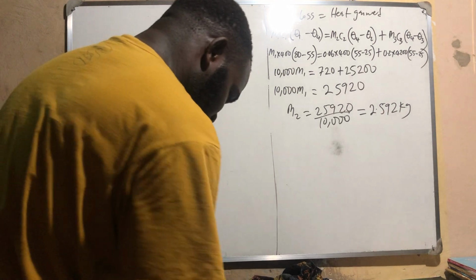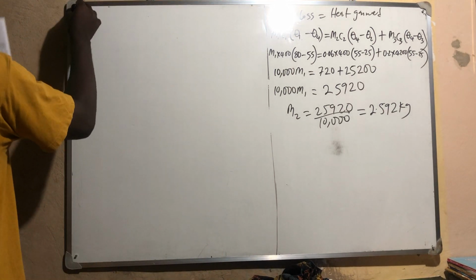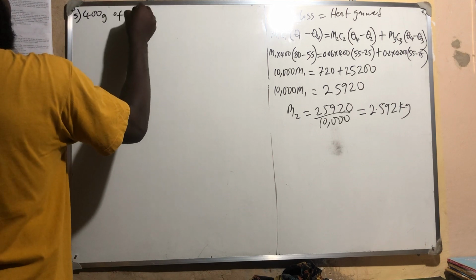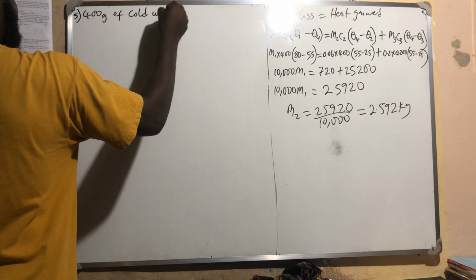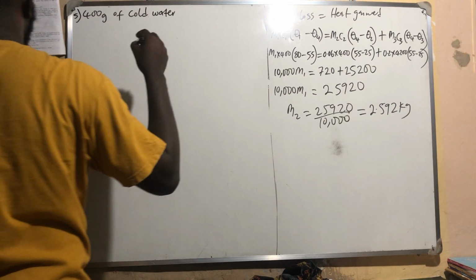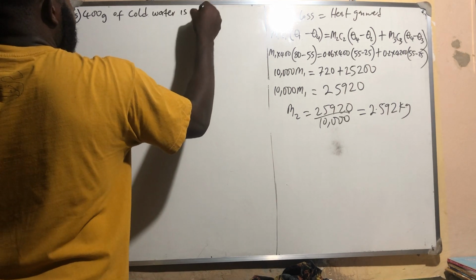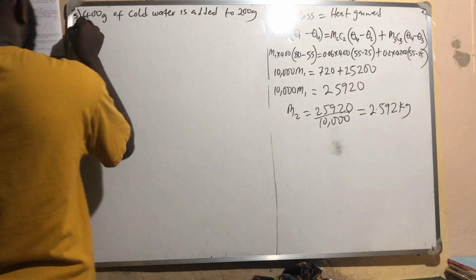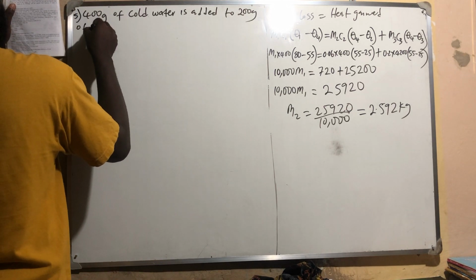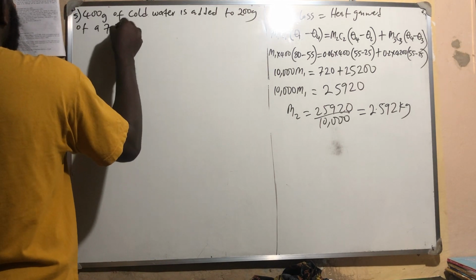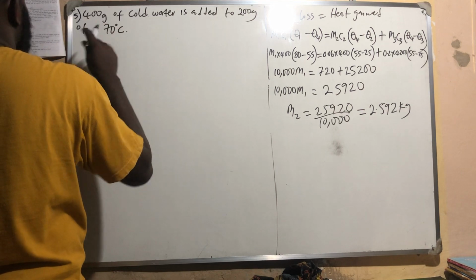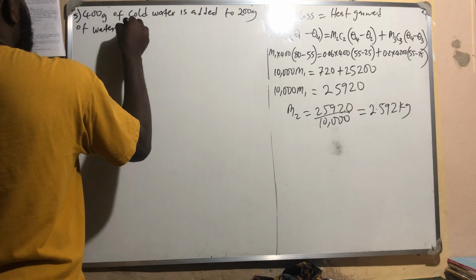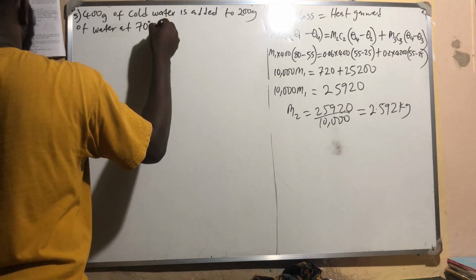Okay, the next question, question number 5. Question number 5 said 400 gram of cold water is added to 200 gram of water at 70 degrees Celsius.